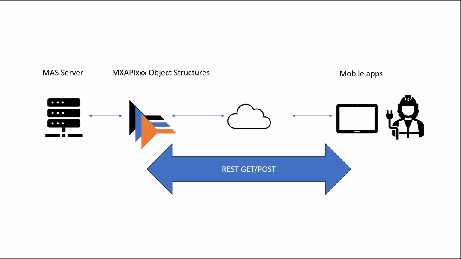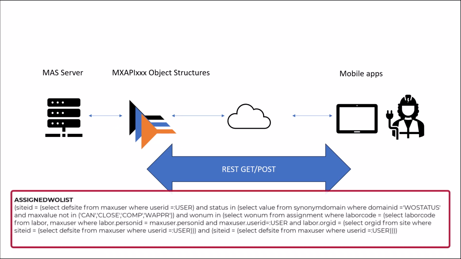Here are some key points. All of this interaction is done by way of the MX API object structures. Each mobile application relies upon several MX API object structures. While the mobile applications can have some queries hard-coded within them, they mainly use pre-built queries that are on those MX API object structures to perform the puts and gets.